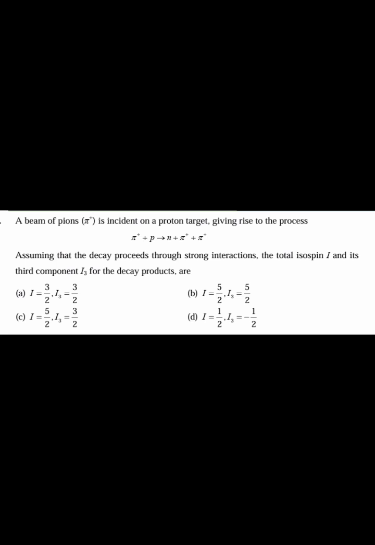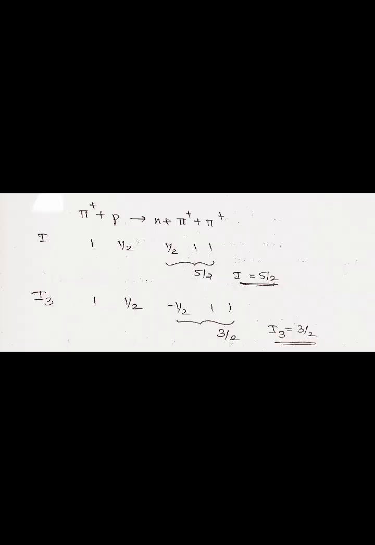The next question is, a beam of pions is incident on a proton target, giving rise to the process pi plus plus p gives n plus pi plus plus pi plus. Assuming that the process proceeds by strong interactions, the total isospin I and its third component I3 for the decay products are dash. So here we need to find the value of I and I3 for the decay products.